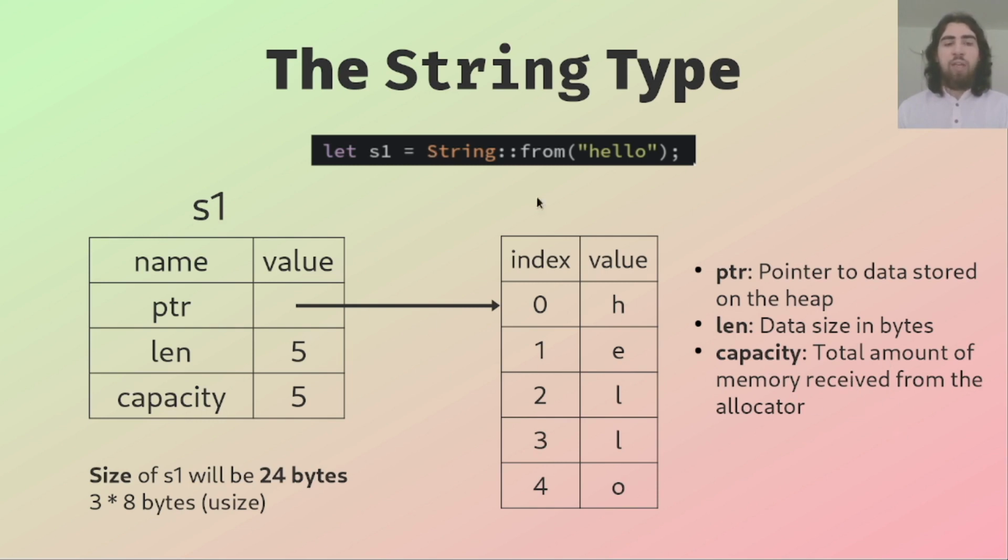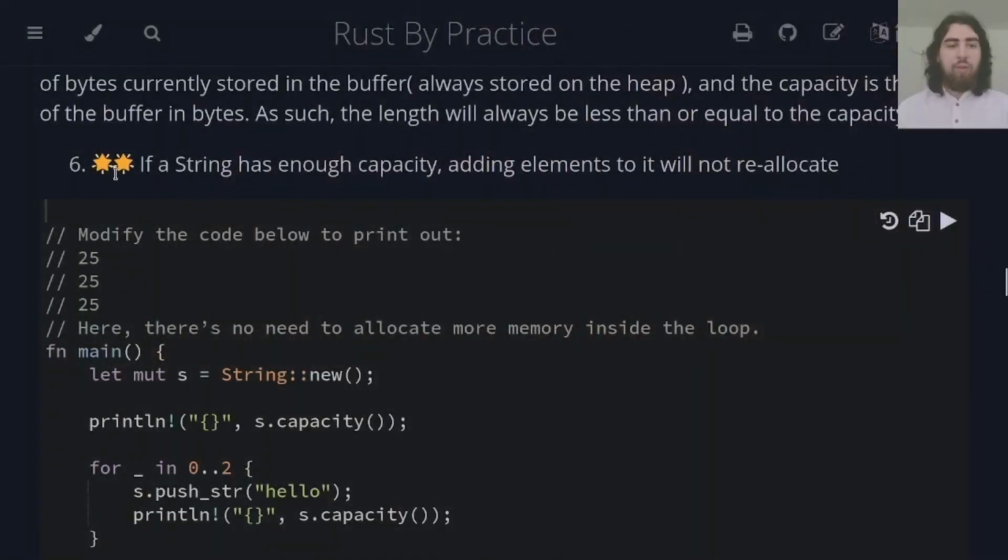So when we allocate a new string type on the heap, the allocator will find an empty spot and then will return a pointer to that location. So, number 6, if a string has enough capacity, adding elements to it will not reallocate.